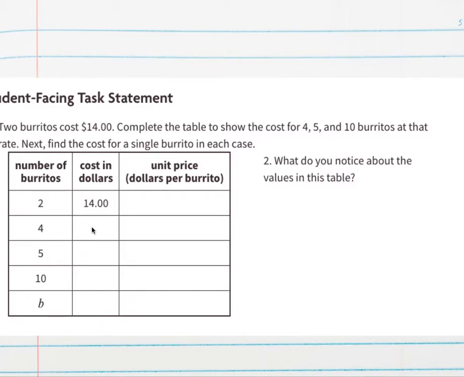So what needs to go here? 28. That's right. What goes with 5? If I know that 4 is 28, 5 is going to be a little more than 28. So I could find the cost of 4 and add it to the cost of 1.